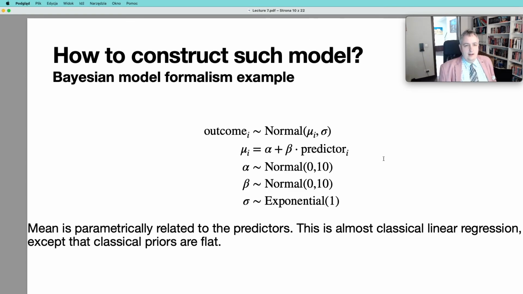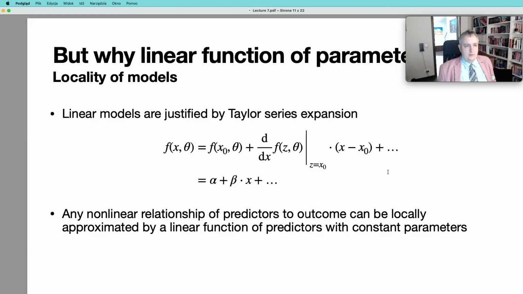Okay, so as I mentioned earlier, linear models are justified by Taylor expansion because locally any function can be expressed using only linear terms. And the problem is, of course, generally with locality.